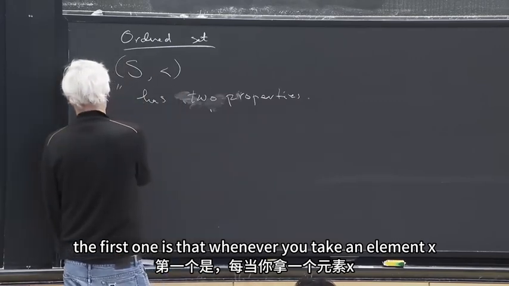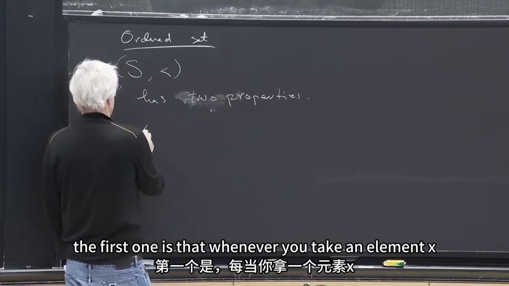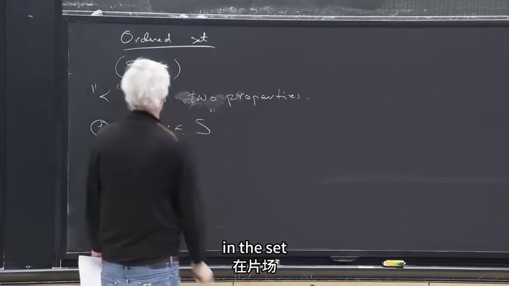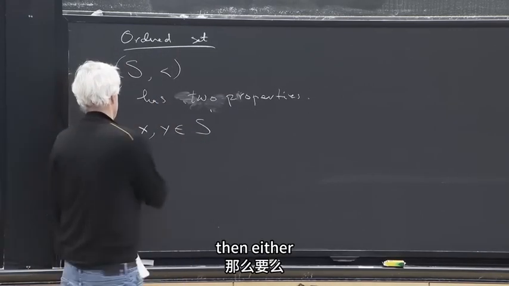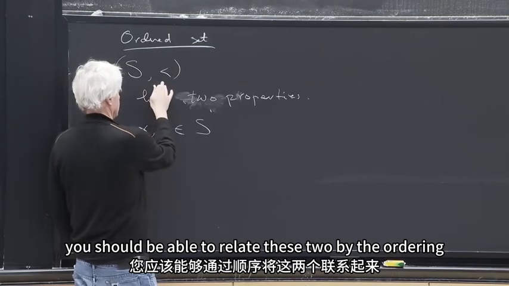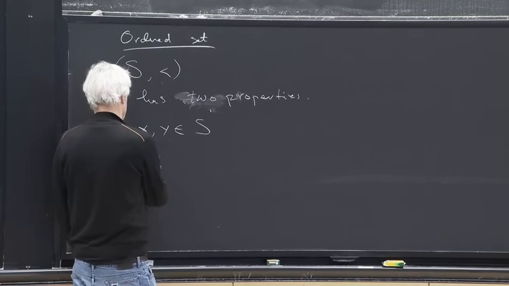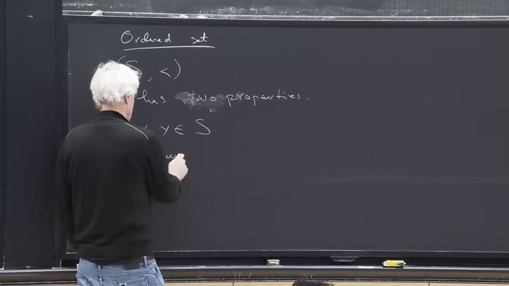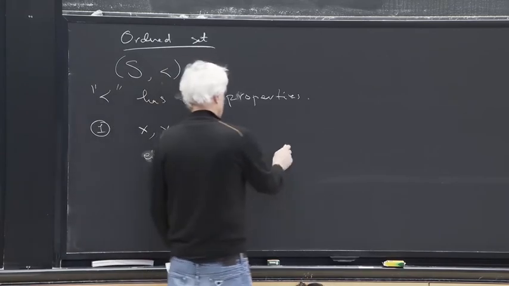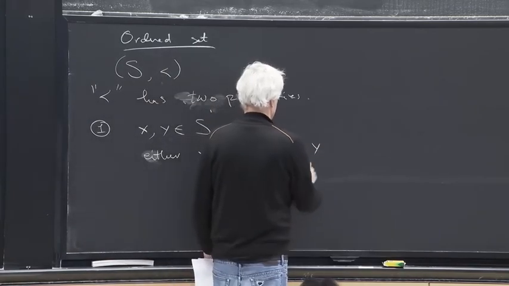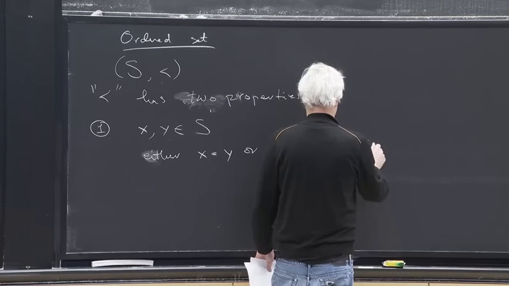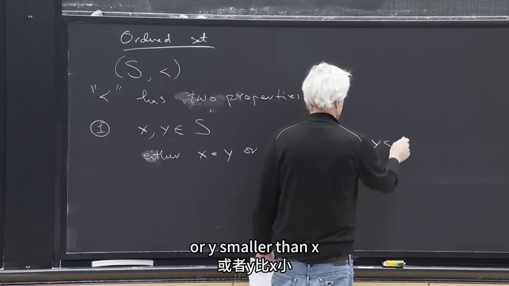The first one is that whenever you take an element x and an element y in the set, you should be able to relate these two by the ordering. So either x is equal to y, or x is smaller than y, or y is smaller than x.